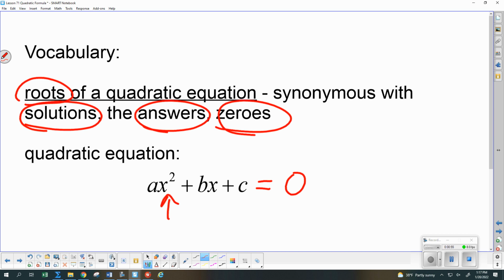So far, we have been solving quadratic equations by factoring, and that works if we have integer or fraction answers, but it does not work if we have complex answers or if we have square roots in the answers. We've also done completing the square.